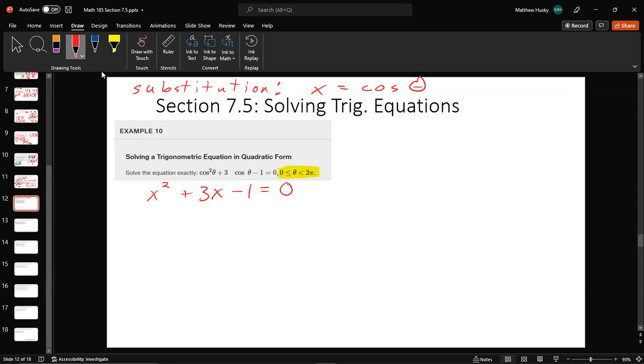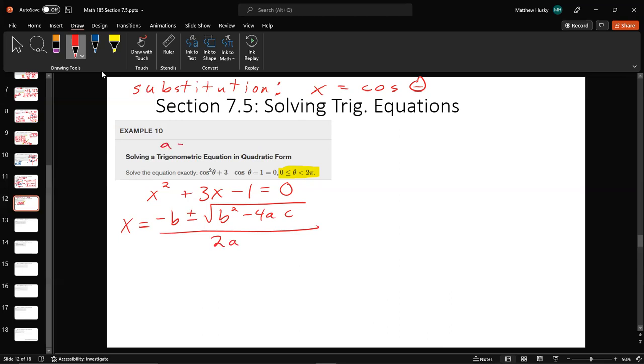That should look kind of familiar because that is actually a quadratic formula problem. You could try factoring it, but I can tell you right now that that is not going to factor into something neat and tidy. So let's break out the quadratic formula here. We're going to have negative b plus or minus the square root of b squared minus 4ac, all divided by 2 times a.